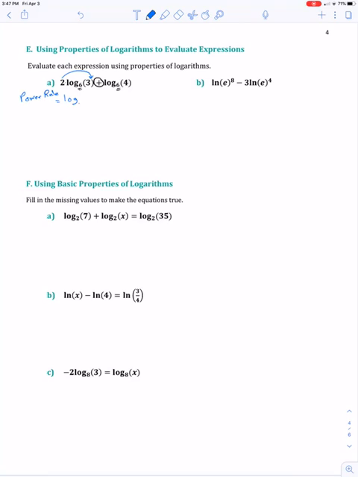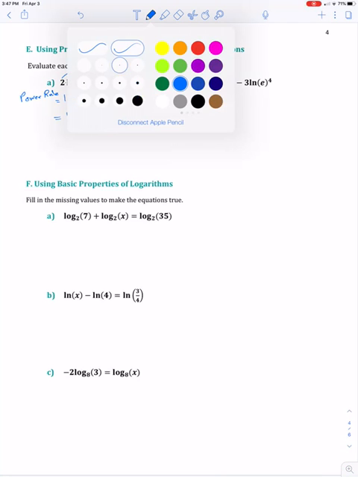So we have log base 6 of 3 to the second power plus log base 6 of 4. As we simplify, we get log base 6 of 9, since 3 squared is 9, plus log base 6 of 4. Now we can take care of the addition of the logs. We've got two log base 6 logs.